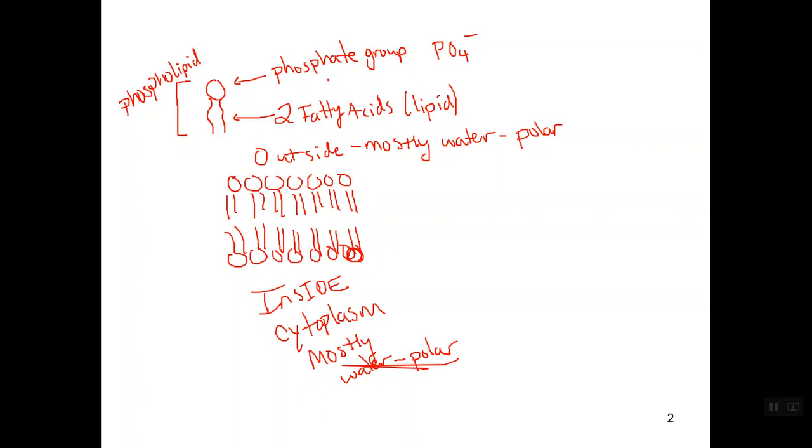So remember that anything that's polar is going to attract to anything that's also polar or that has a charge. Well, this big hunky phosphate group on top of this phospholipid has a full negative charge.